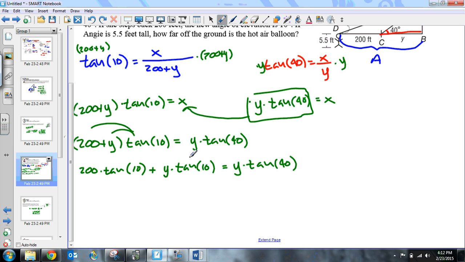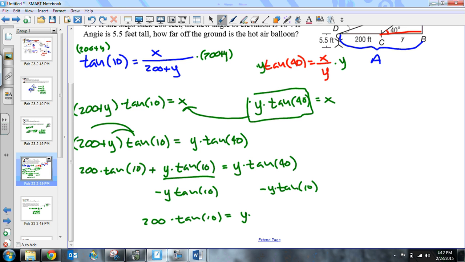I want to get all my variables on one side of the equal sign, so I'm going to subtract y times tangent of 10 from both sides. I get 200 times tangent of 10 is equal to y times the tangent of 40 minus y times the tangent of 10.